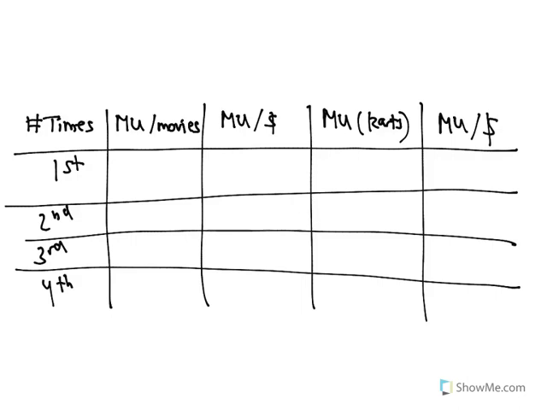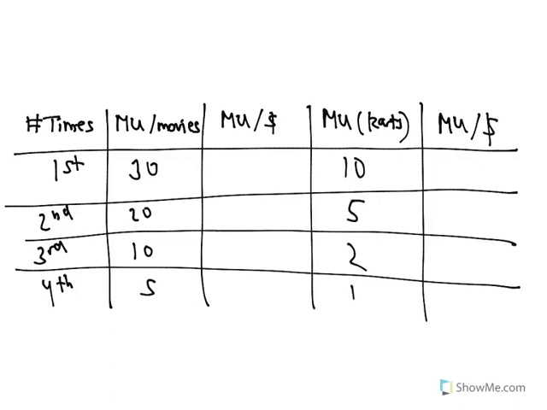The marginal utility for movies goes from 30 to 20, oh sorry guys, 20, 10, and then 5. So you notice diminishing marginal utility. The more movies I see in a row, the less I'm going to enjoy them. For carts it's 10, 5, 2, and 1.